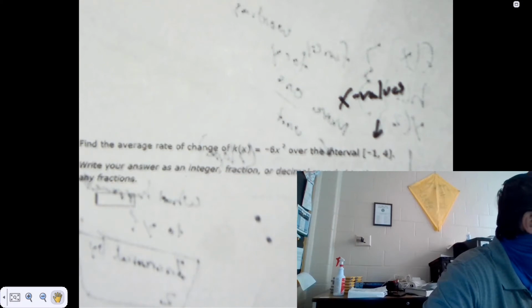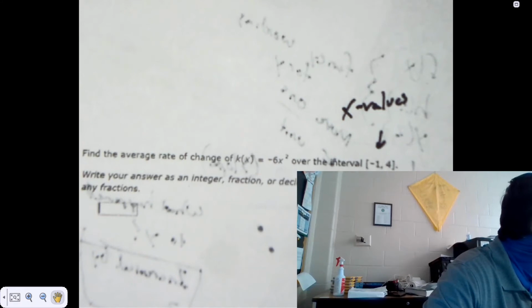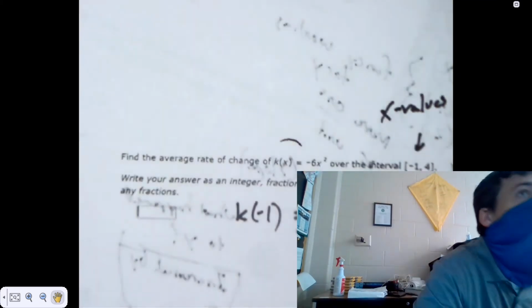If I have an x value, can I find a y value? How? Plug it in. I'm going to create ordered pairs. This function is called k, so I'm going to find k of -1 by plugging a -1 in.